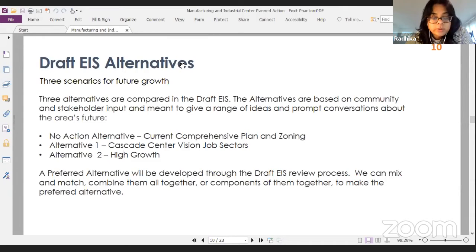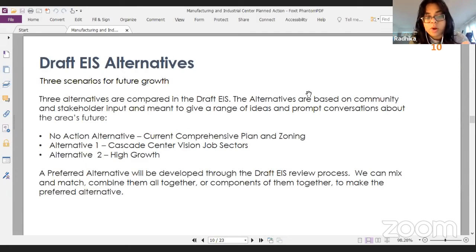Three scenarios were evaluated in the EIS, and these include one, which is a no action alternative, which is basically existing conditions, assuming that the current comprehensive plan and zoning would continue. And then another one, because the EIS tests these bookends, we tend to think about alternatives that can show some differences.